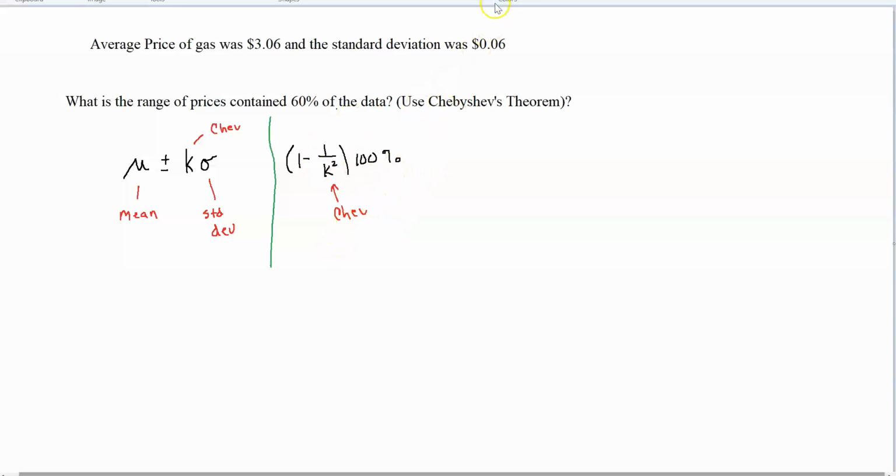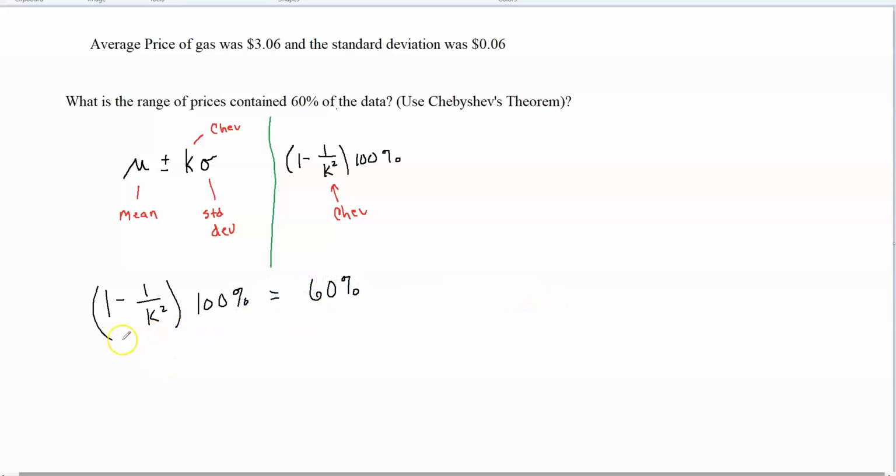Okay, so they want 60%, so what I'm going to do first is take this right hand side and go 1 minus 1 over k squared times 100% is equal to the 60% that they're interested in.